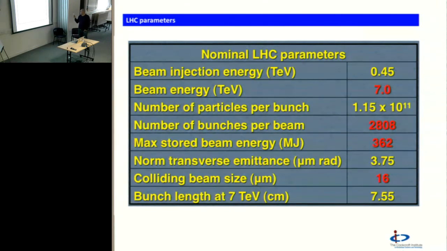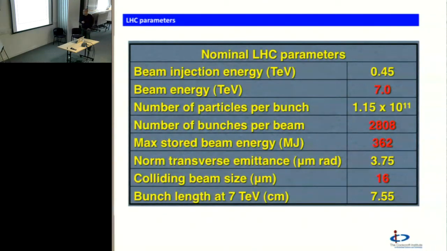We need that because we're doing processes that generate very rare particles like the Higgs boson. So we need lots of protons in there. We have almost 3,000 bunches per beam. So there's a lot of protons in the LHC, 10 to the 14 protons. And it means that the stored energy per beam for these parameters is almost 400 megajoules in something the cross size of 100 microns.